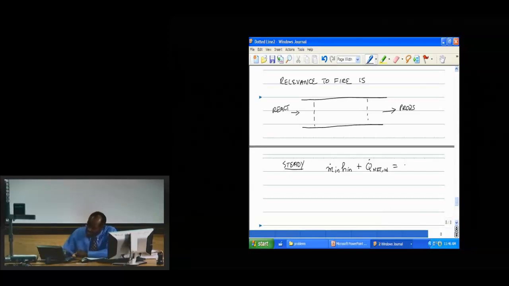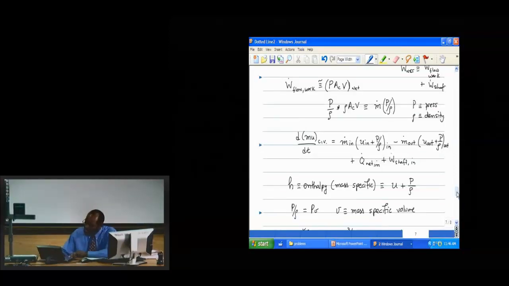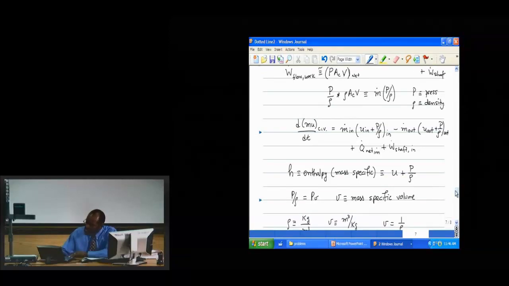Okay, so now what did I neglect? We neglected W dot shaft, so we don't have a shaft coming out of this pipe. And we said it was steady, and W dot shaft is equal to 0. So make sure that when you look at this equation, you're happy with that, because all we did was get rid of this term, and because it's steady, we got rid of that term.